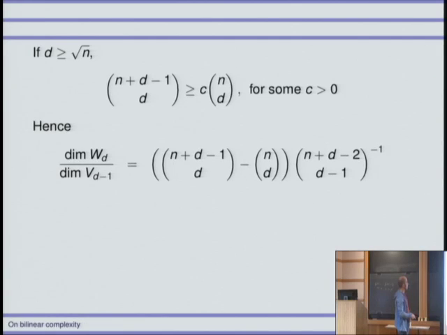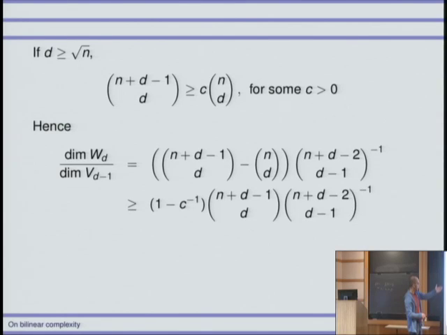So eventually, the ratio of the dimensions will be this expression, because this term is, let's say, twice bigger than that term. So you can as well forget about this term, and it's just the ratio of this against this, which equals that thing.